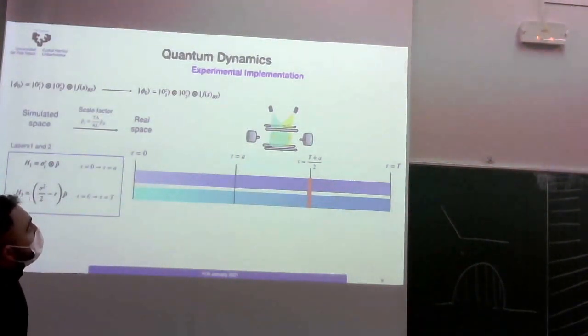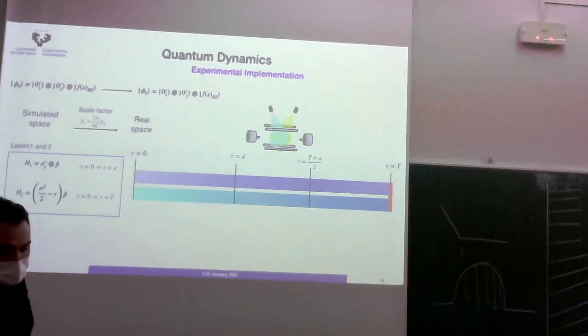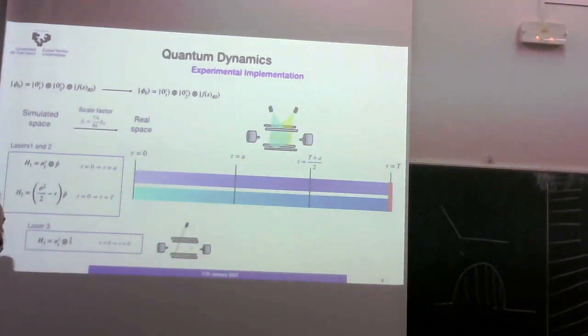So eventually we will obtain the evolution according to these two Hamiltonians, and finally we will evolve this driving, just acting on one of the two ions, that will complete the entire dynamics of Black-Scholes.